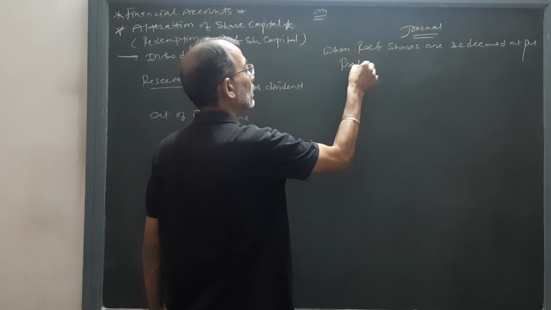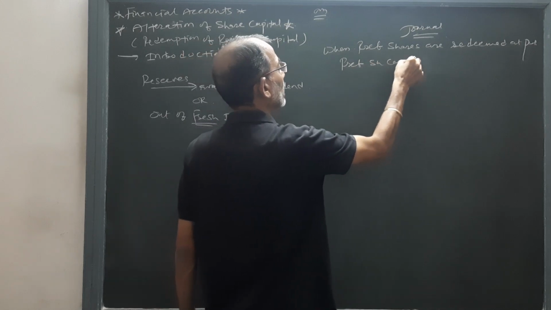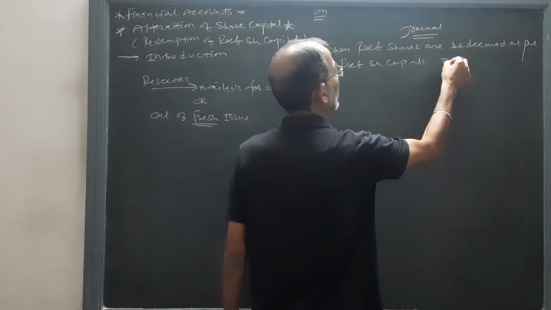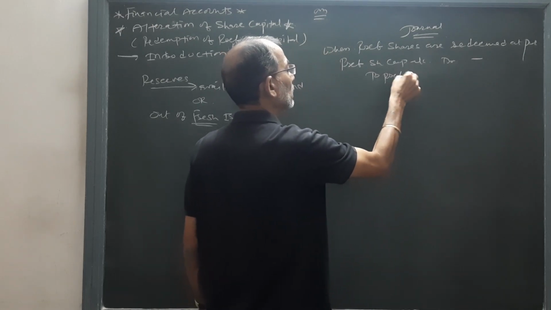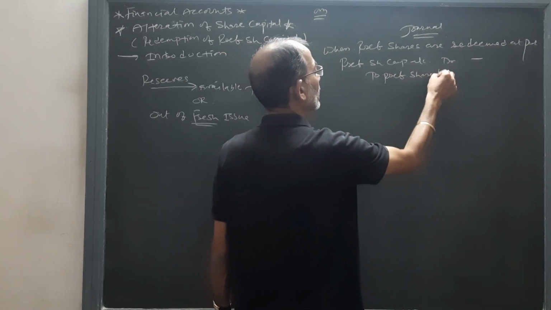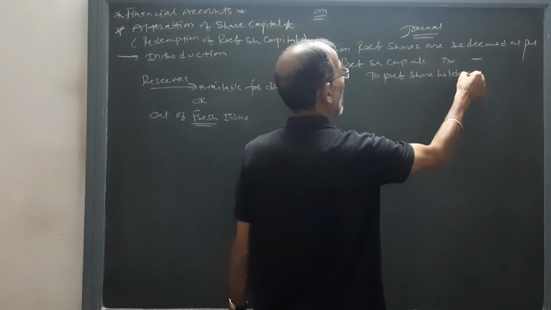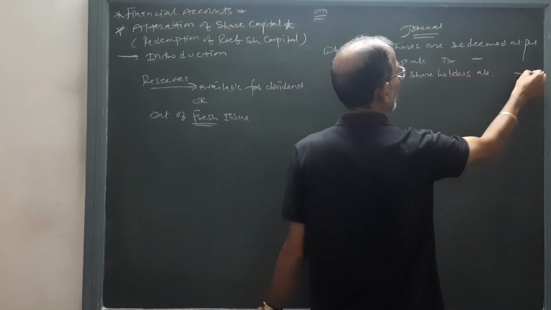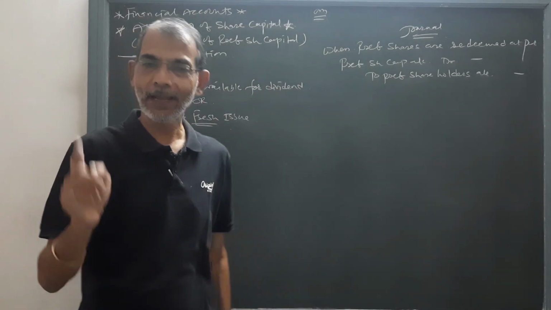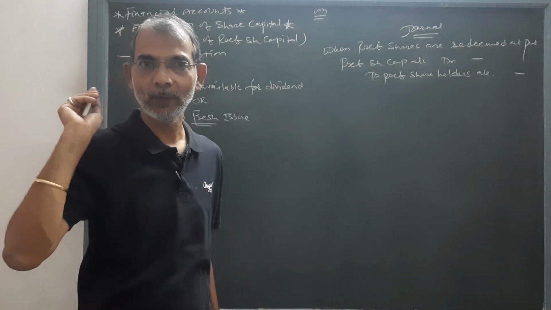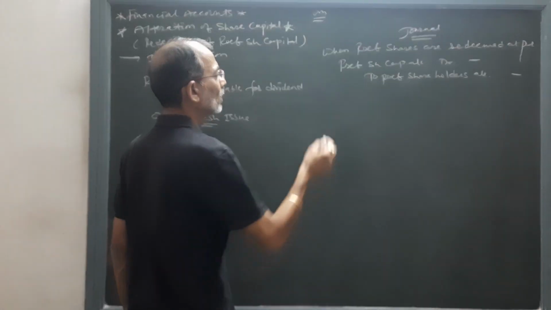The preference share capital account will be debited to the preference shareholders account. Preference share capital account will be debited and preference shareholders account will be credited.